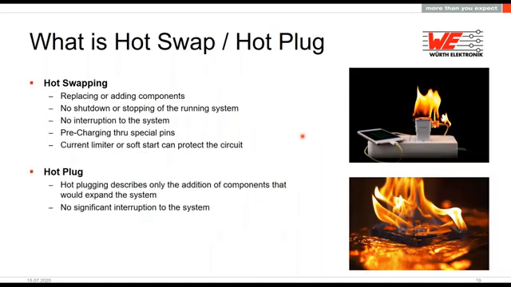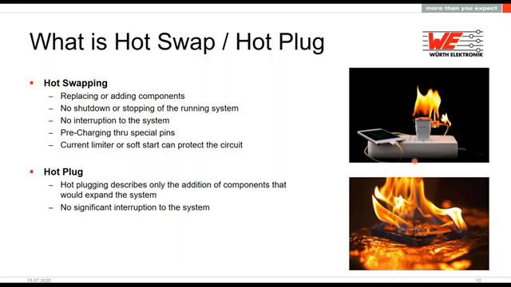One short differentiation between hot swap and hot plug: they are normally used in a similar way. This feature is necessary so that the pictures you are seeing here do not happen. However, hot swapping is replacing or adding components so that no shutdown or stopping of the running system occurs.